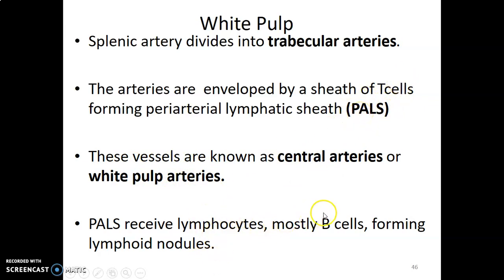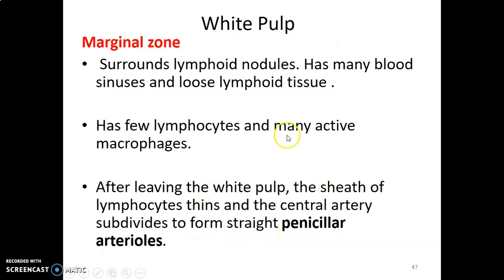They receive lymphocytes, mostly B lymphocytes, that surround the periarteriolar sheath, and those form lymphoid nodules. So the white pulp has a central arteriole with T lymphocytes around it and B lymphocytes forming a lymphoid follicle, and it contains a marginal zone with many sinuses and lymphoid tissue.